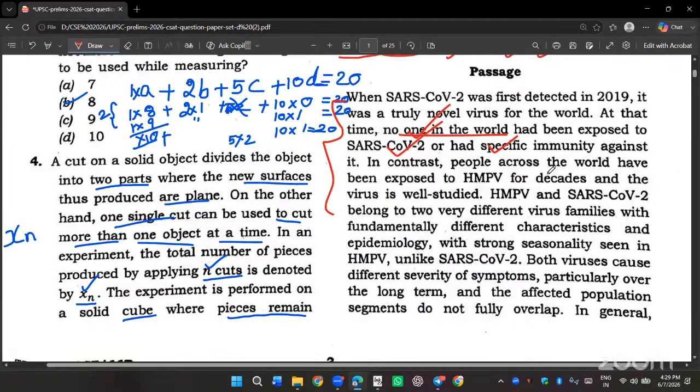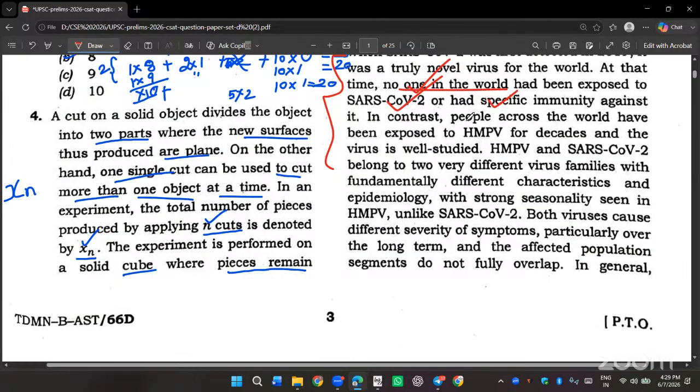Why we cannot make it? When we read this passage, we can understand. Both are from different families, different characteristics, epidemiology, with strong seasonality seen in HMPV. HMPV only will show strong seasonality.